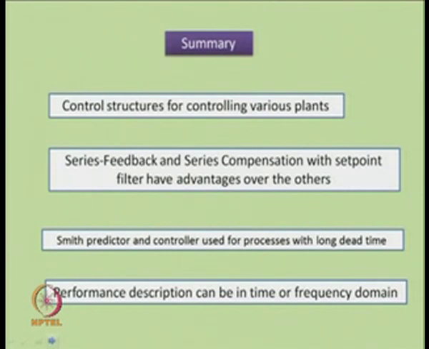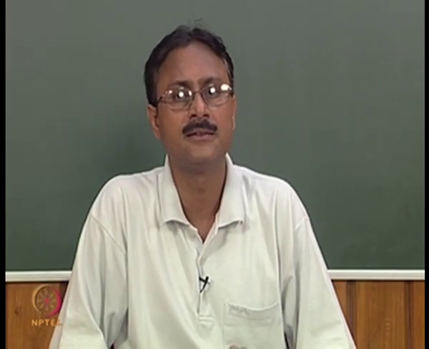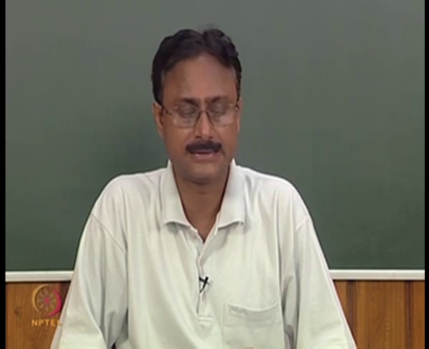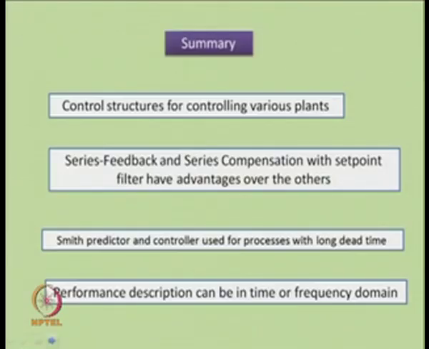So, in summary, we have discussed varieties of control structures for controlling various types of processes. Series feedback compensation schemes have advantages over the series and feedback compensation schemes. Smith predictor and controller are used for processes with long dead time.